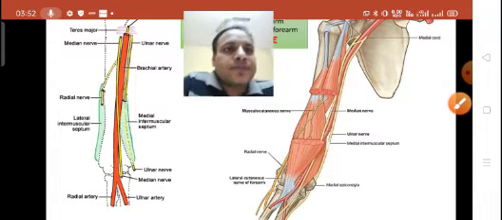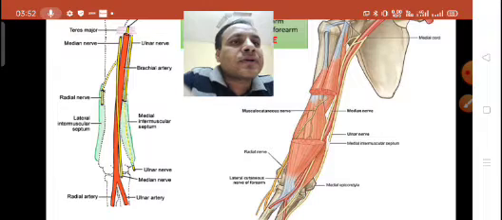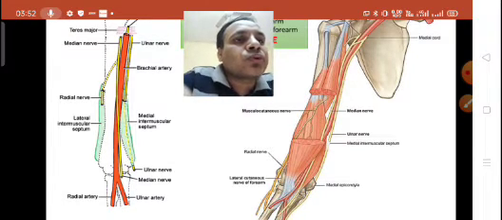Then the median nerve is formed in the axilla by the union of two roots, the medial root and the lateral root.